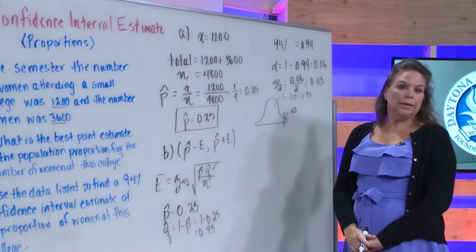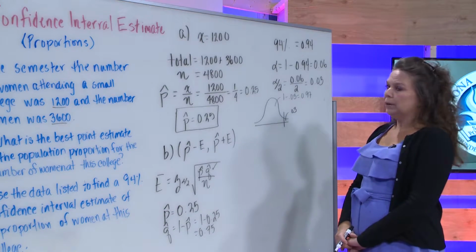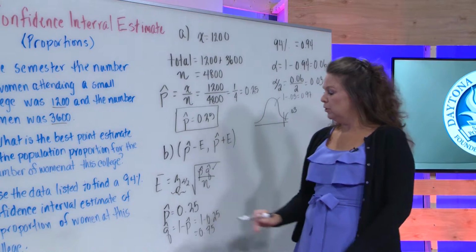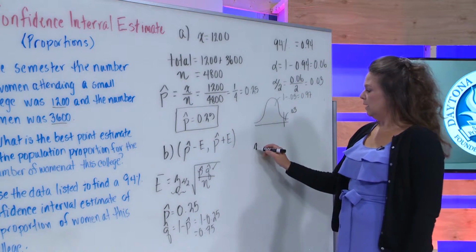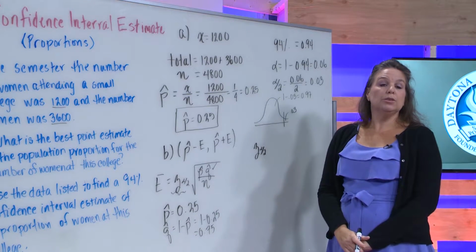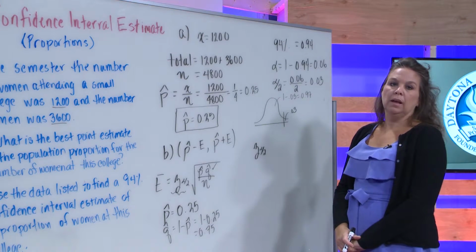At this point, you'll need to use some technology to find the critical value. The critical value is this Z alpha over 2.